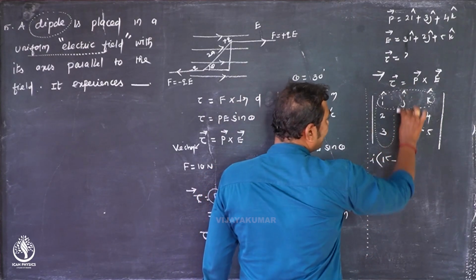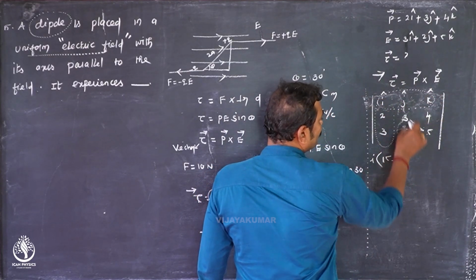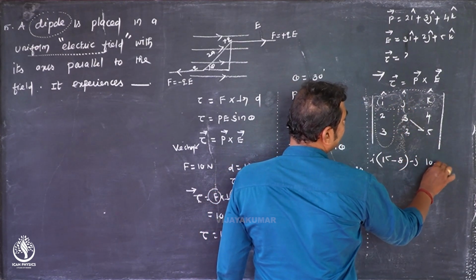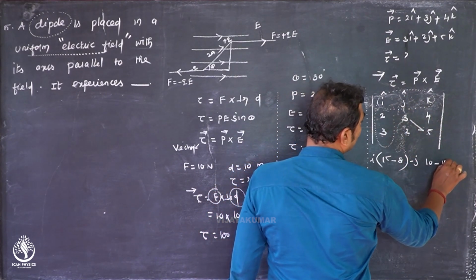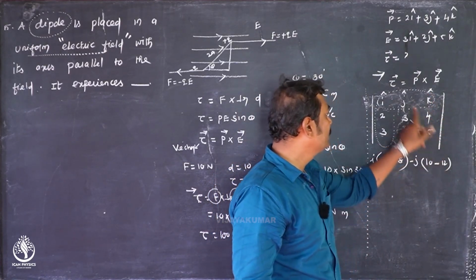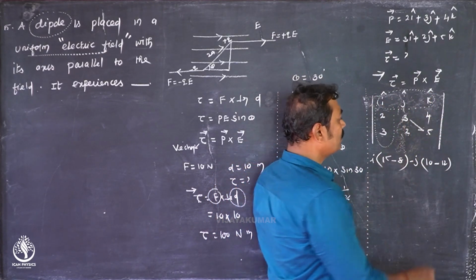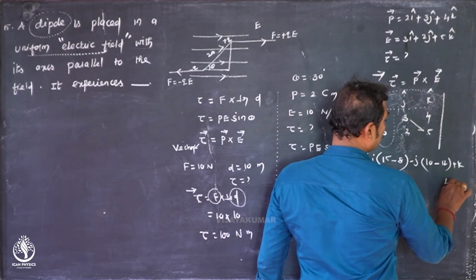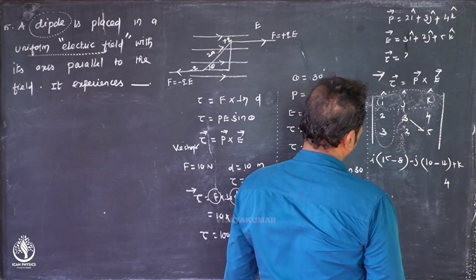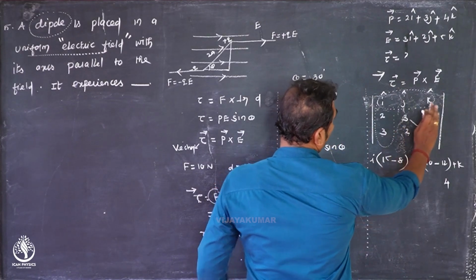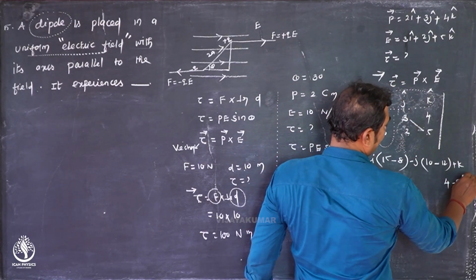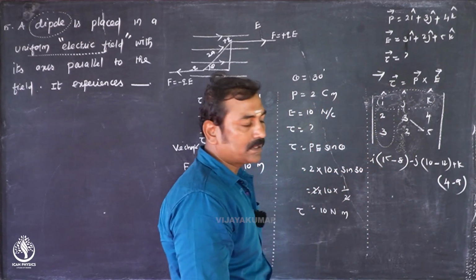Second we go for j, so minus j. What is remaining? 2 5s are 10, and 4 3s are 12. The last one is k. So 2 2s are 4, and 3 3s are 9. Now we can subtract.